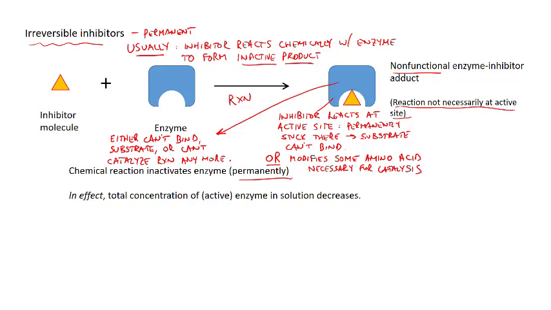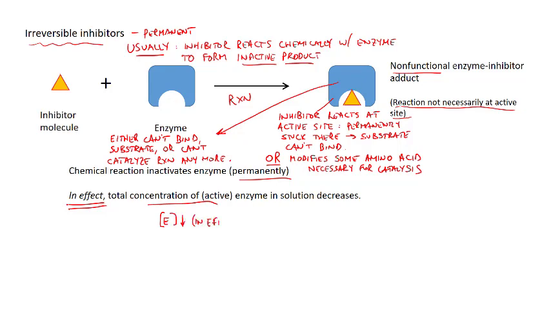So what is the effect of an irreversible inhibitor if you mix it with a solution of enzymes? So let's say that you have a test tube full of enzymes and you add some irreversible inhibitor to it, and what's going to happen is you'll get a reaction and some fraction of your enzyme is going to be converted to this non-functional product. Well, what that means is that in effect, it's as if the concentration of your enzyme goes down.